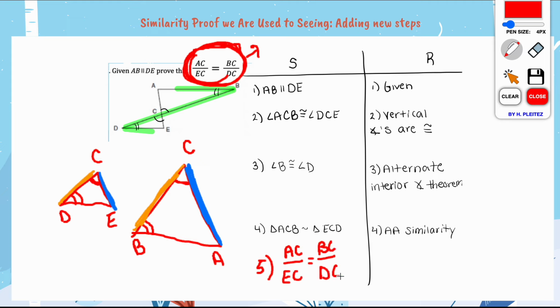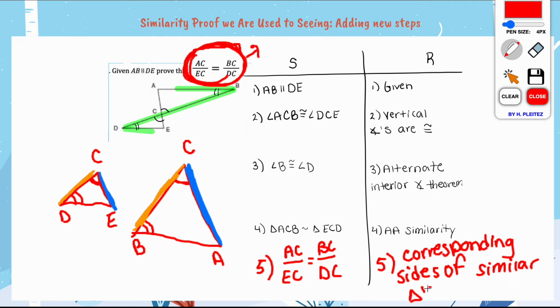We know that from the definition of similarity, that's a given. But now we need to know what this new reason is going to be. The reason, and you guys need to make sure you know this, is corresponding sides of similar triangles are proportional.